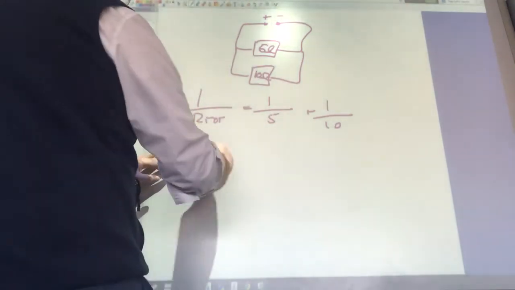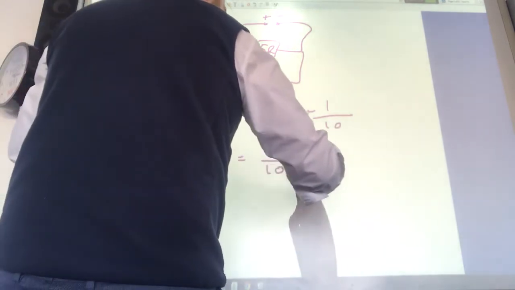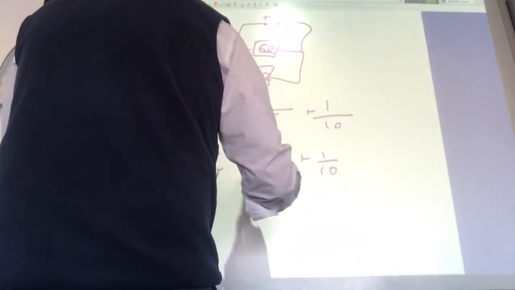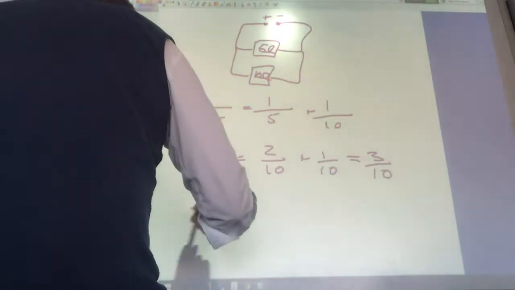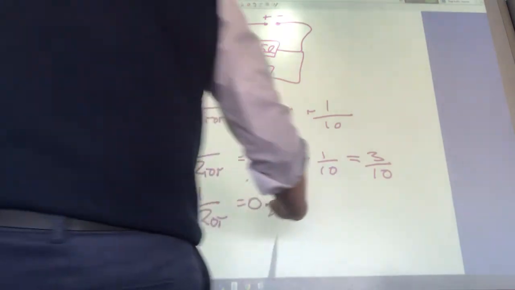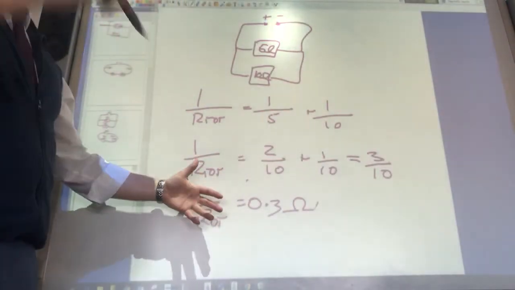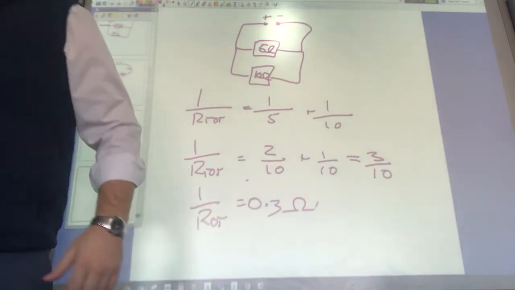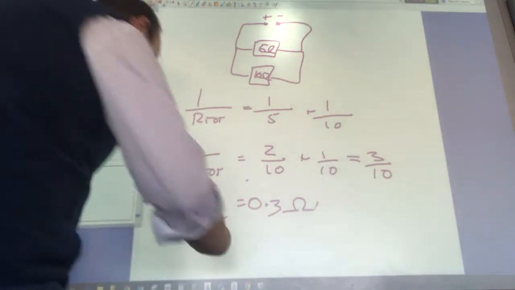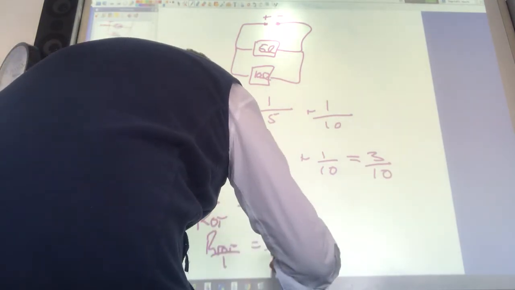So 1 over R total equals 2 over 10 plus 1 over 10. So it's equal to 3 over 10. So 1 over R total equals 0.3. I can then flip that over and it becomes 1 over 0.3, whatever that is. So R total equals 1 over 0.3.